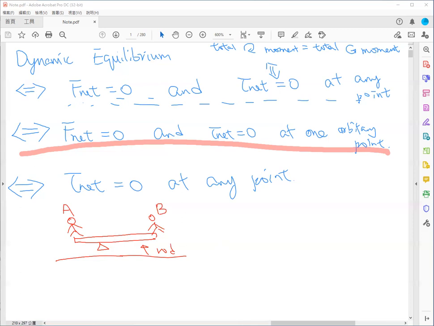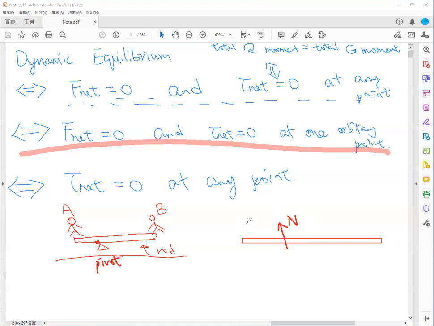So let's have a look at the free-body diagram of this rod. The rod is in contact with this pivot. When two objects are in contact, there should be a normal reaction. Let me just call it N. A and B are at rest on the rod.